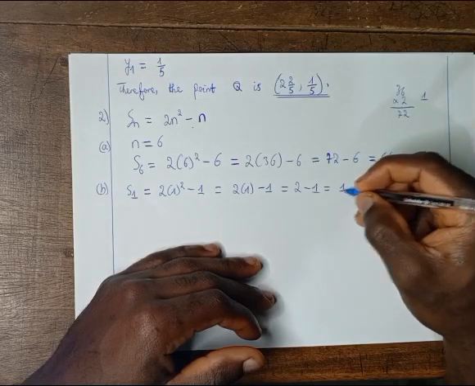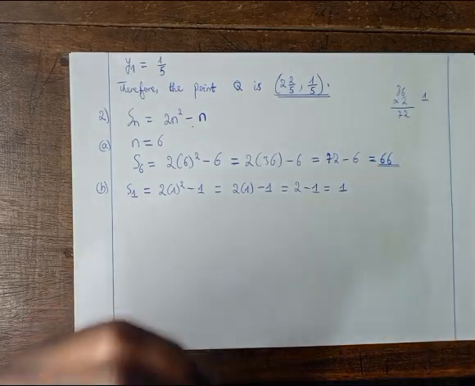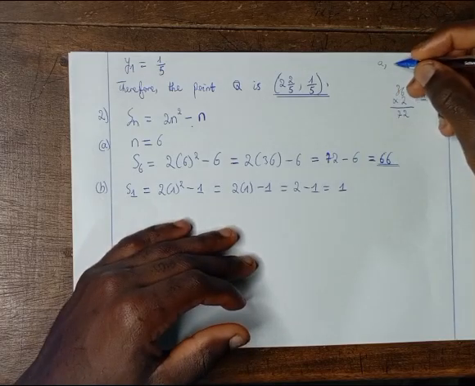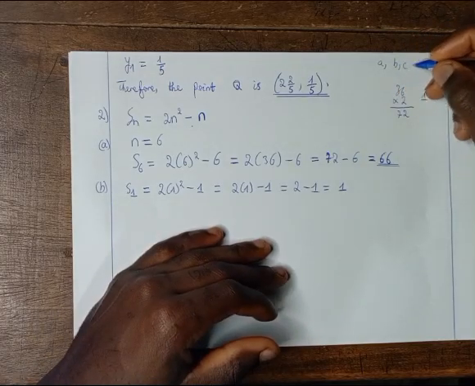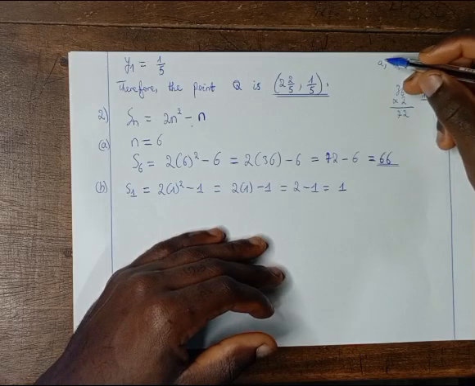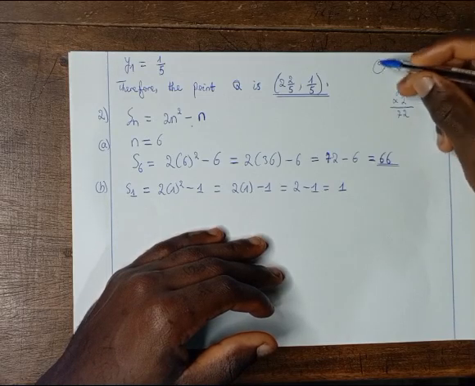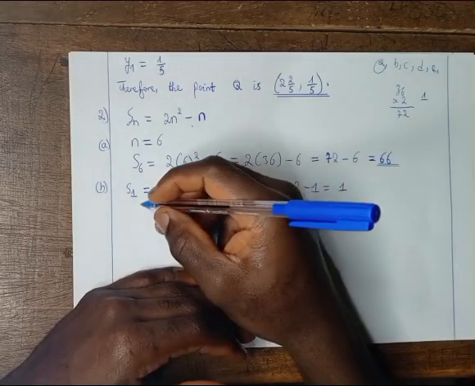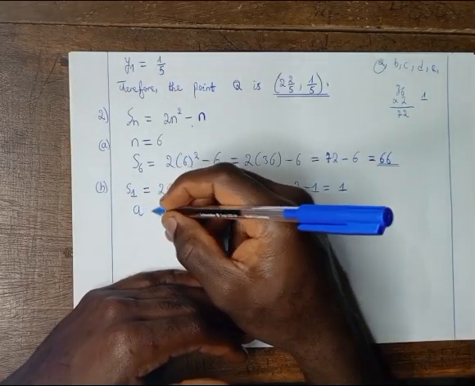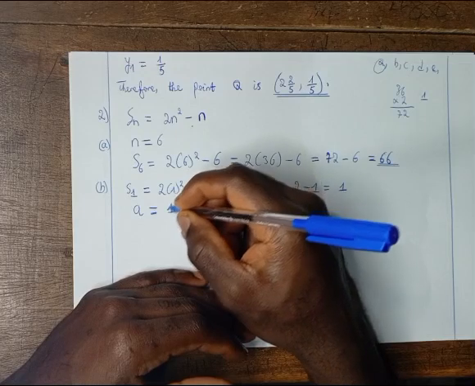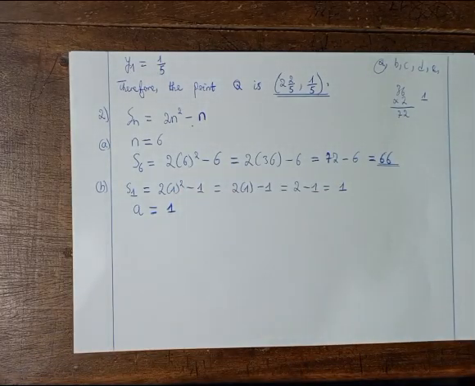The result is 1. We know when we sum, if we have a progression with terms A, B, C, D, E, the sum of the first term remains the first term. Here, in this case, our first term, which is denoted by A, will simply be 1. So this is our first term.